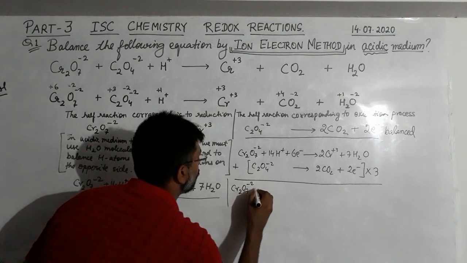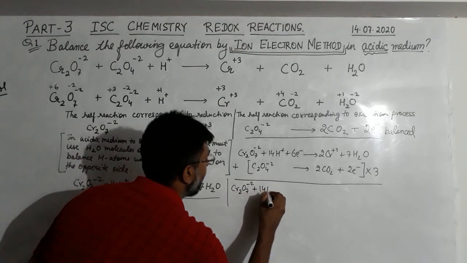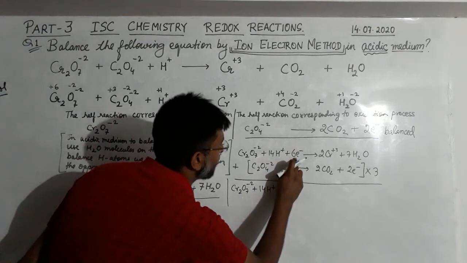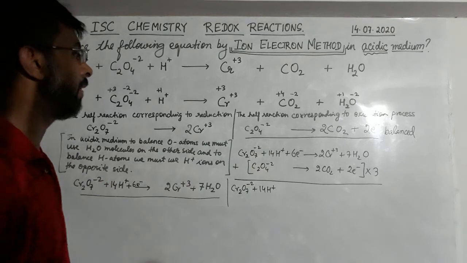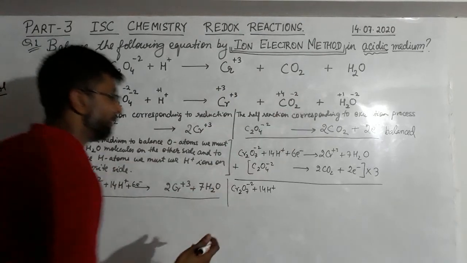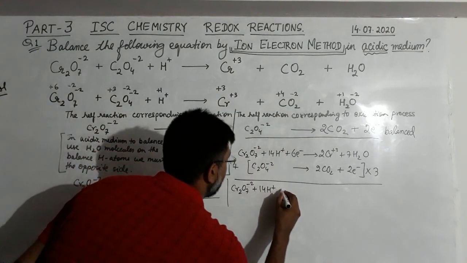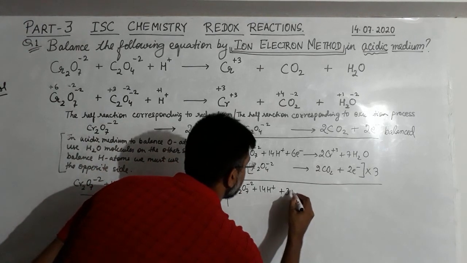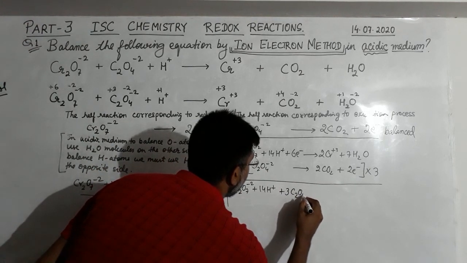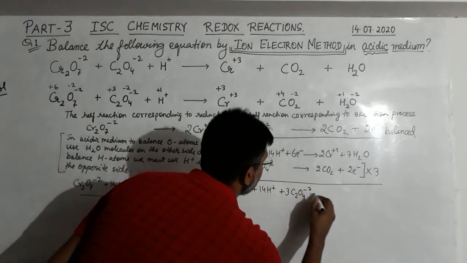Cr2O7 minus 2 plus 14H plus, this 6 electron and this 6 electron we can cancel because they are on either side. Left hand side cancels right hand side. Plus this oxalate ion is 3, so I'll write over here 3 C2O4 minus 2, and then I'll put the arrow.